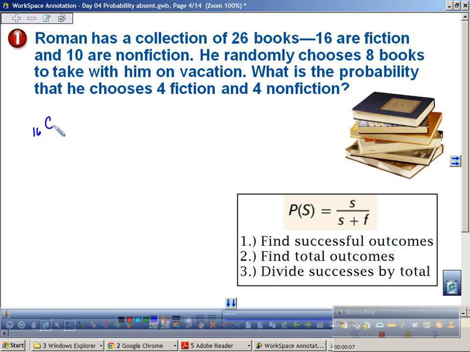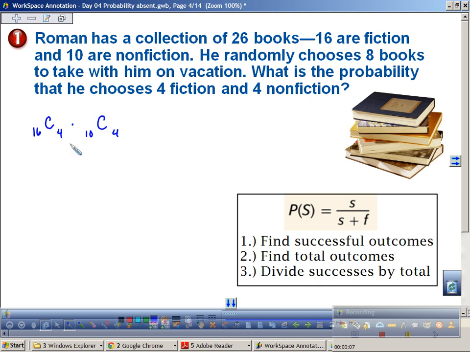So 16 combination 4. And what's the other one? Nonfiction. And there's 10 nonfiction. So 10 combination 4.